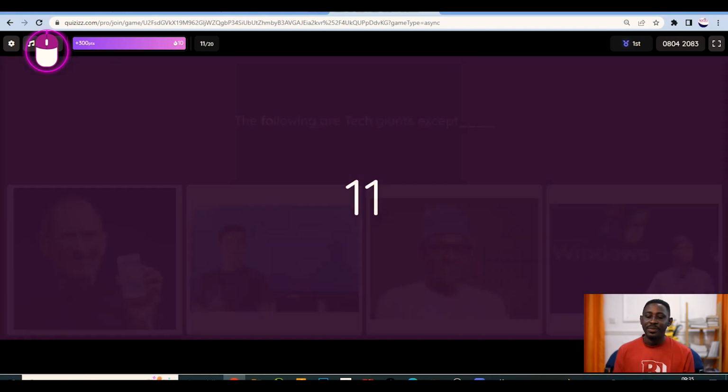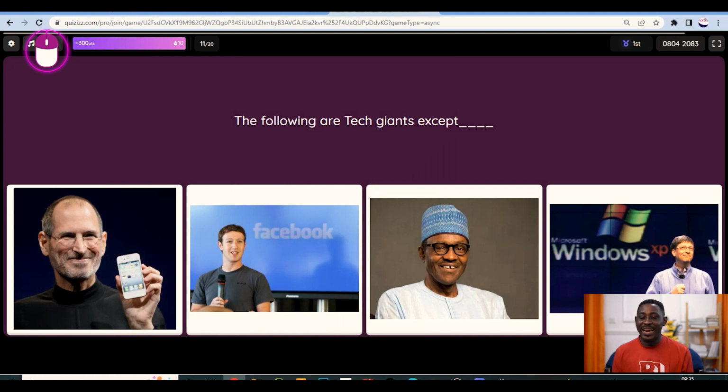Now, the following are tech giants. These following people are tech giants. So this man here created Apple. This man here created Facebook, Mark Zuckerberg. This is our President Muhammadu Buhari, and this man here created Windows, and this is Bill Gates.